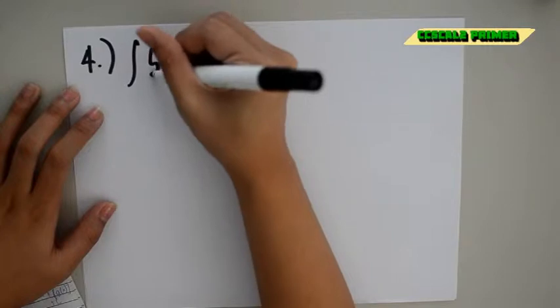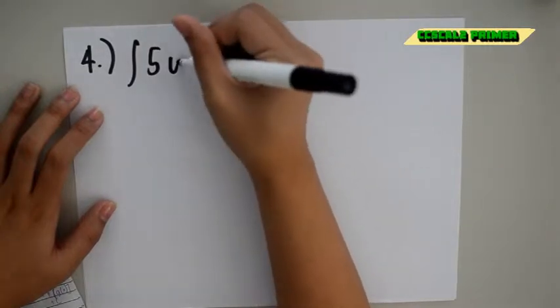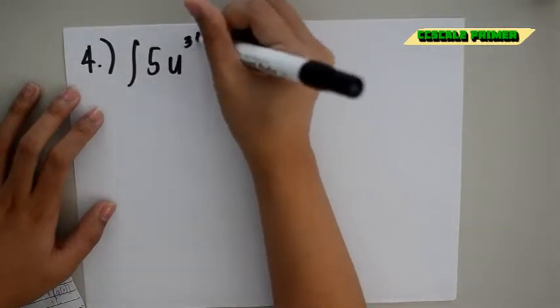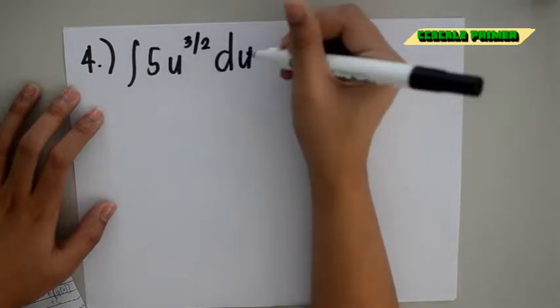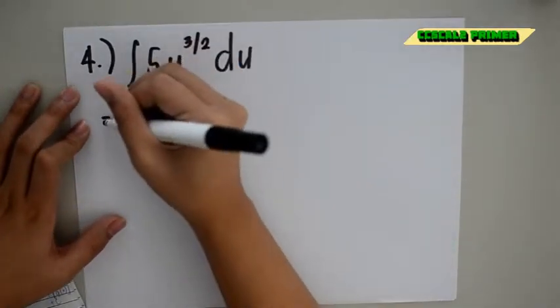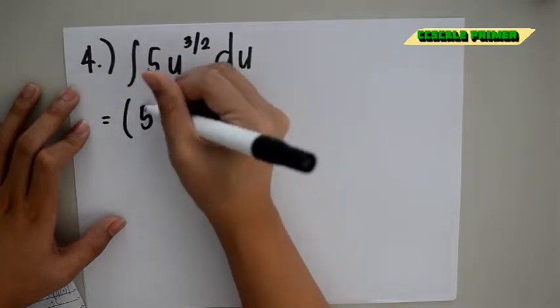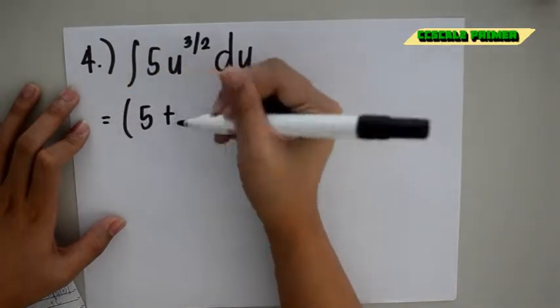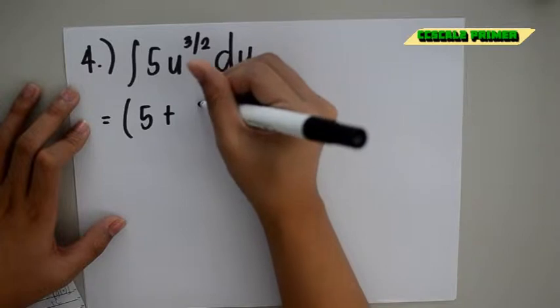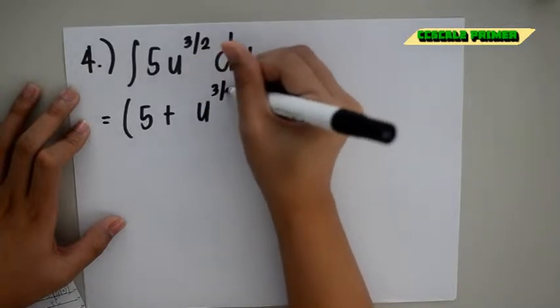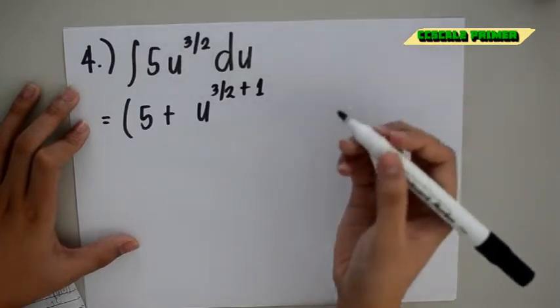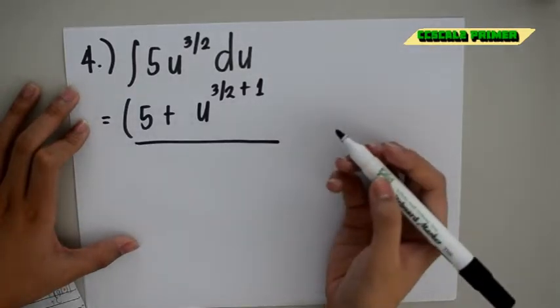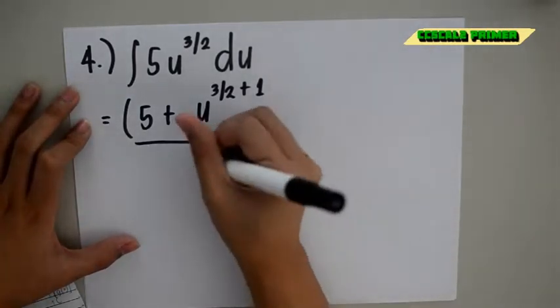Let's have some examples with fractional exponents. Let's find the antiderivative of 5u raised to 3 over 2 du. First step, we separate the constant from u raised to 3 over 2 and increase 3 over 2 by 1. Notice that when we increase the exponent, we automatically remove the integral symbol right away.